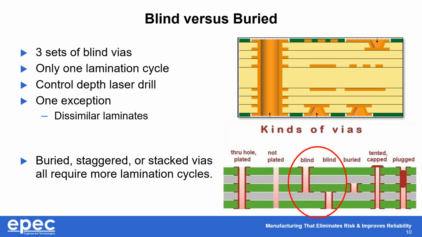So you can't laminate copper to copper. You actually have to have prepreg in between them. So you would have to basically laminate it, do the blind vias, and then create this feature, if in fact you had two sets of blind vias that terminated on the same inner layer. So that's really why the blind and buried vias add so much additional cost, because you're running through so many different processes.